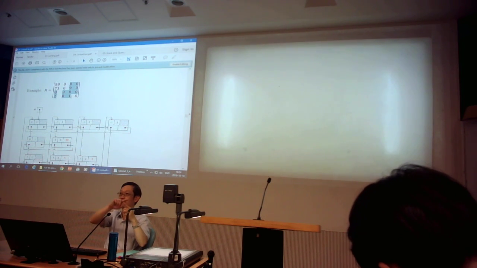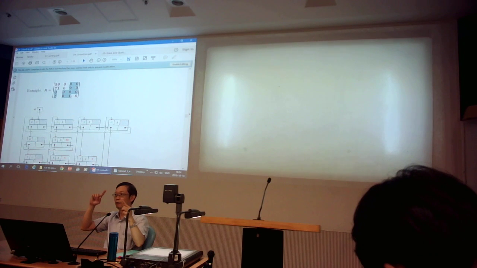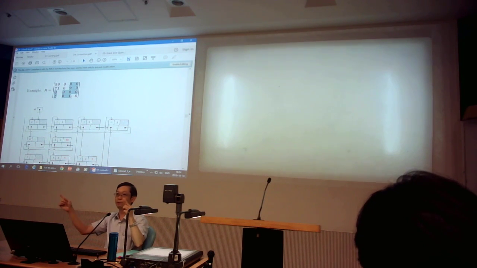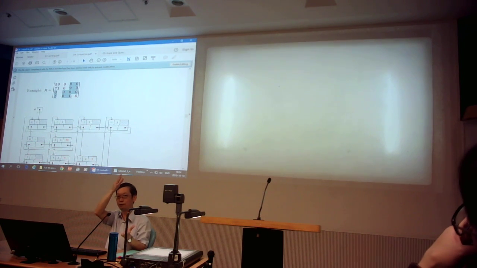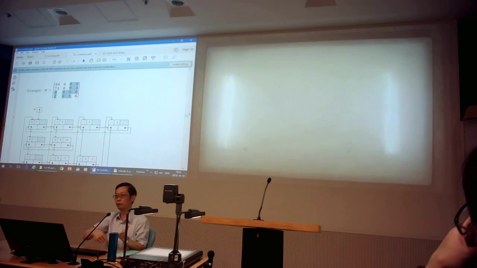Then we join together the headers for all the columns into a horizontal circular linked list, and the headers for the rows into a vertical circular linked list.